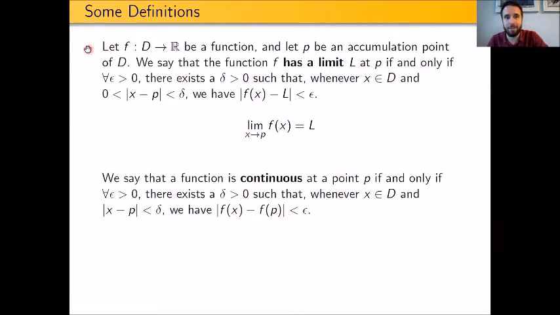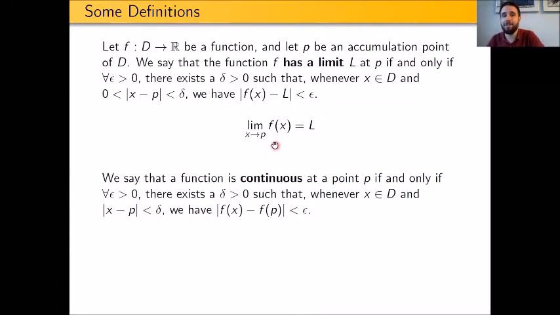So if we take a function f and we take a point p that's an accumulation point of the domain, we say that a function f has a limit at p if and only if, and now here's the meat of the definition, for all epsilon greater than 0, there exists a delta greater than 0 such that whenever we then look at a point x that is in the domain and within a distance delta of p, we have |f(x) - L| is less than epsilon, right? So f of x is within a distance epsilon of L. And this is the notation that we used.